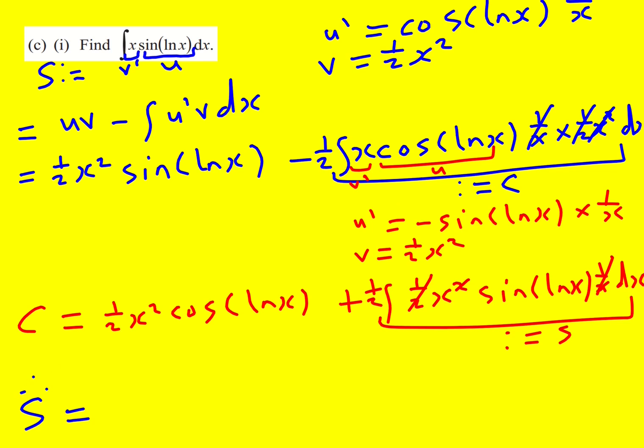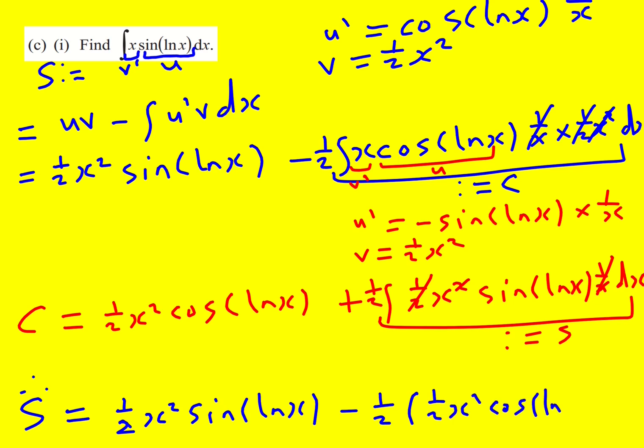So therefore, back to s here, I've got a half x squared sine ln x minus a half, and I'm just going to replace c by this thing here. It's going to be plus a half s.